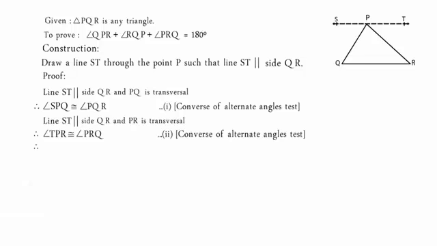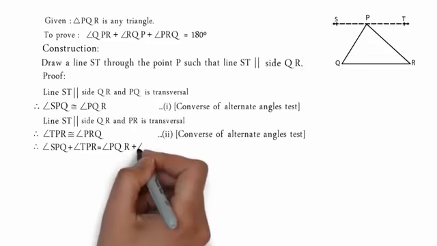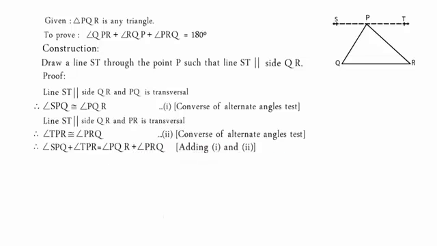Now, we are adding equation 1 and equation 2. Angle SPQ plus angle TPR is equal to angle PQR plus angle PRQ. Just to get the angles on both the sides, we are going to add angle QPR on both the sides.